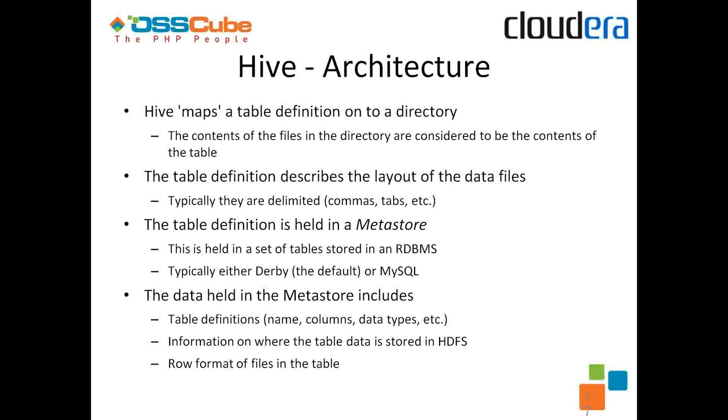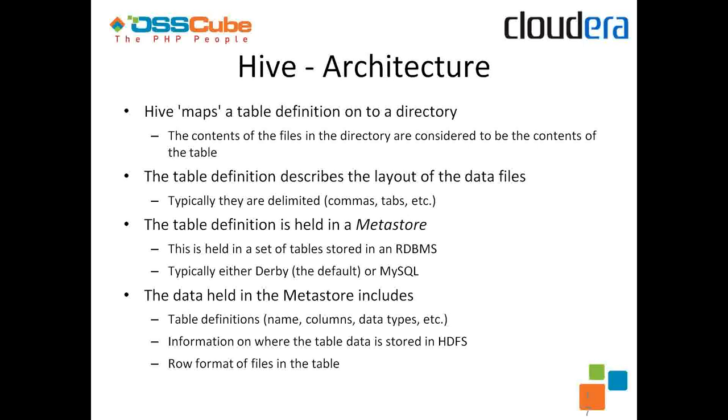So Hive architecture in general: what Hive does is map a table definition onto a folder. When you create a new table within Hive, it creates a new directory in HDFS, and all the data that sits within that directory is considered the contents of that table.